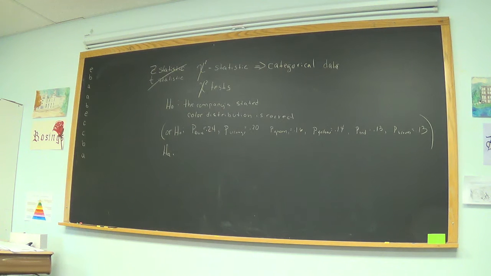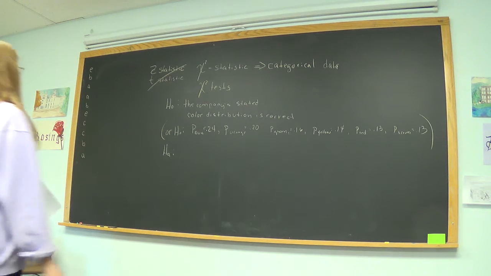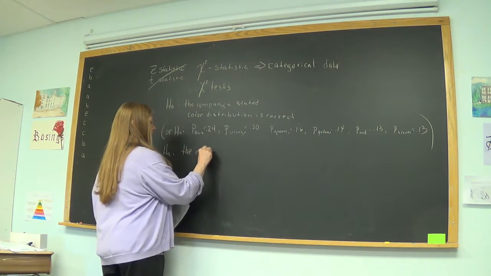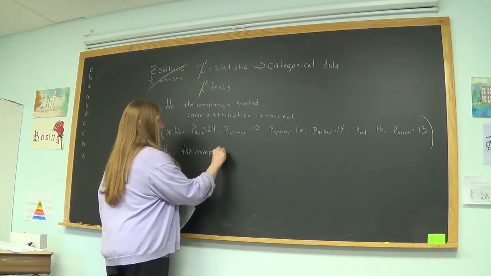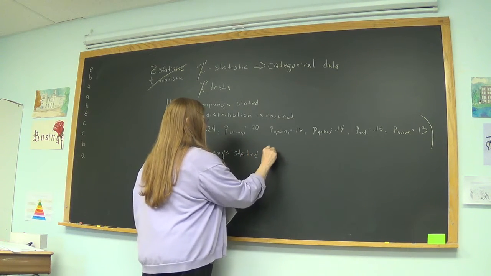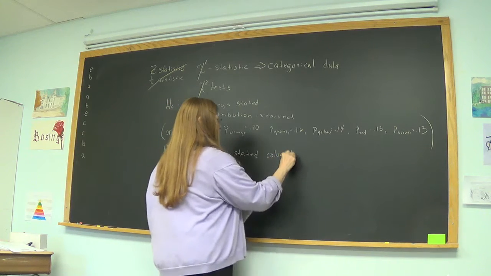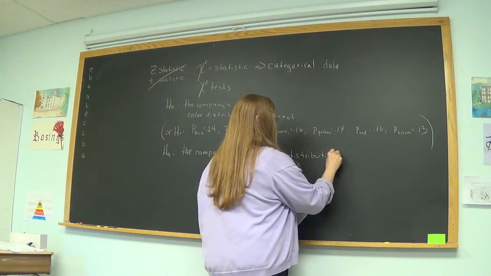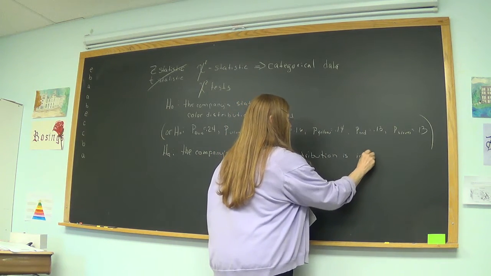Kevin, what do you think that could possibly be? The company is wrong. Right. The company's stated color distribution is not correct, or is incorrect. I guess that's the correct way.